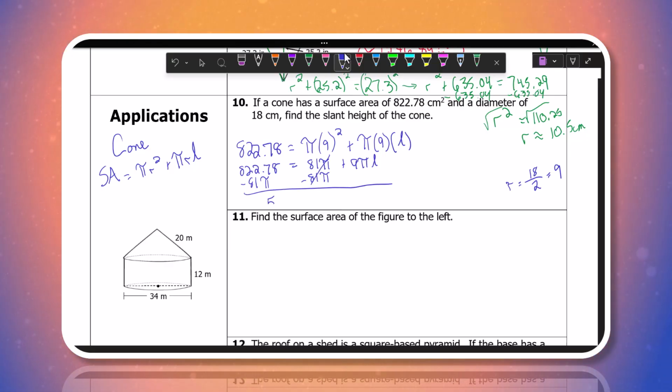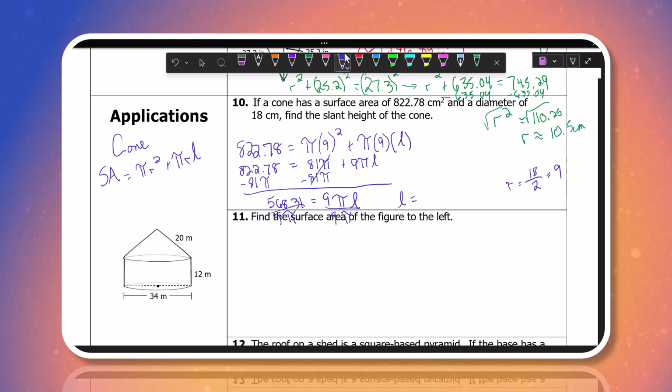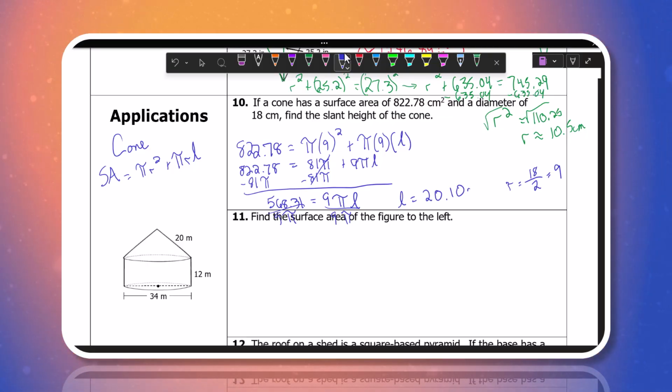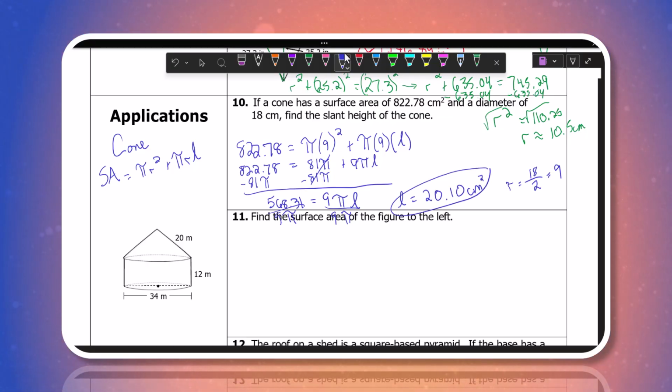We get 568.31 equals 9 pi L. And of course, we did 81 times pi to figure out what we had to subtract from 822.78. Then we divide by 9 pi. So that our slant height equals about 20.10 centimeters.